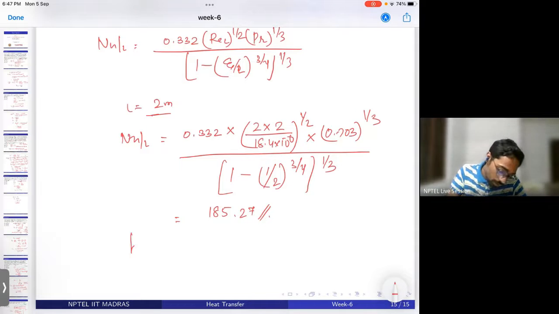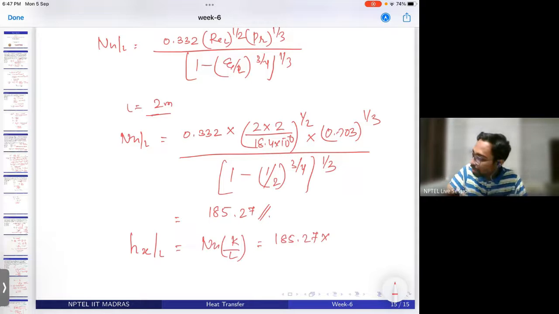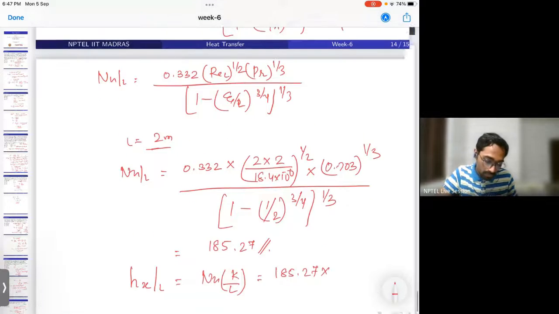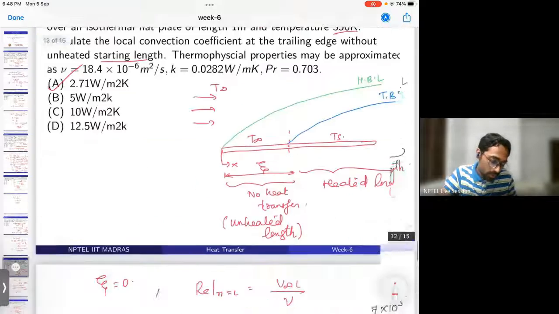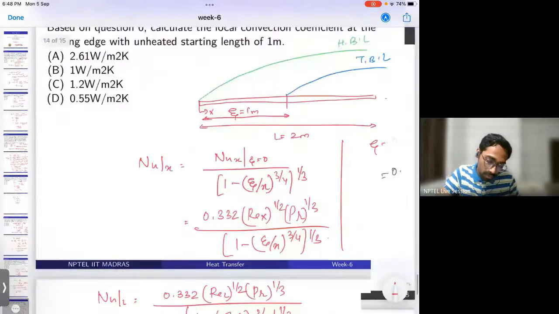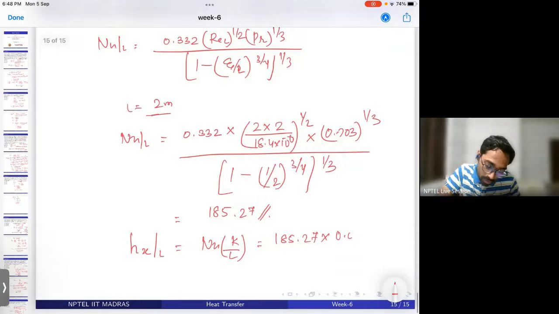So what is the heat transfer coefficient? That is the question. So that is Nu k by L. So 185.27 into k, which is given as 0.0282, divided by L, which is 2.